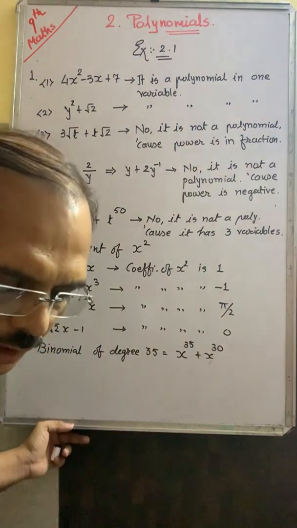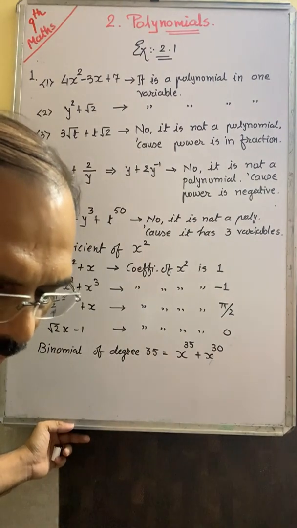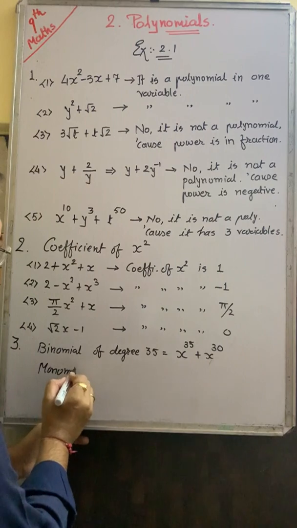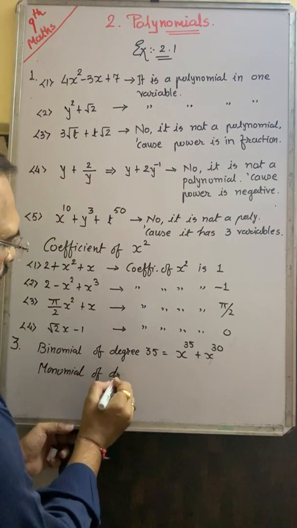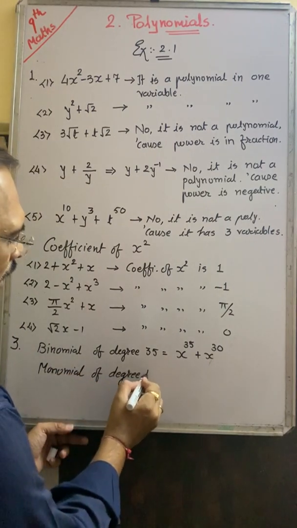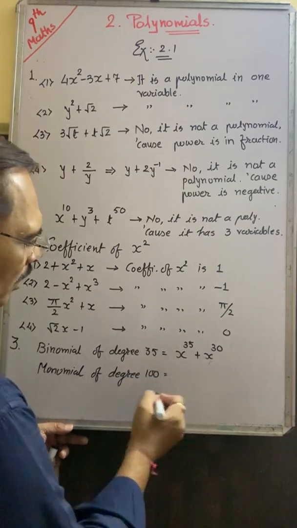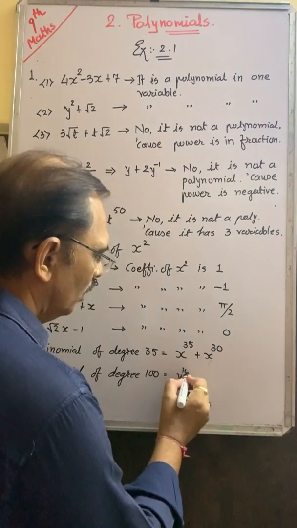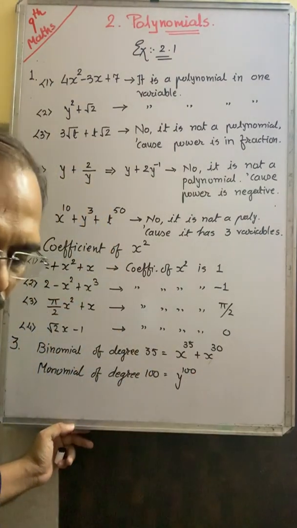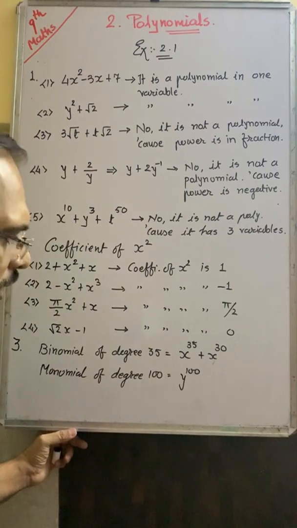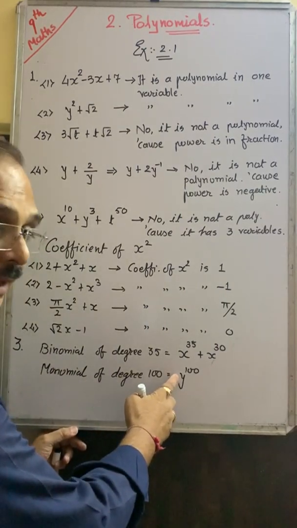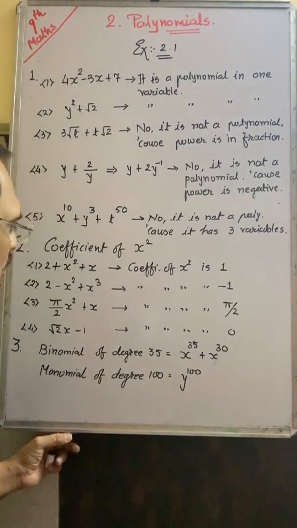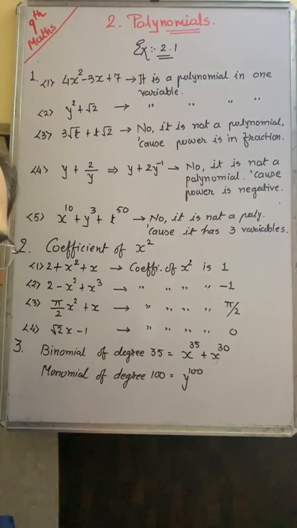And the second question is, write an example of monomial of degree 100. Having only 100 power and 1 term. Suppose y raised to 100. Nothing more than this. Only 1 term I need. You can write coefficient here if you want. Is it okay? This is your question number 3.